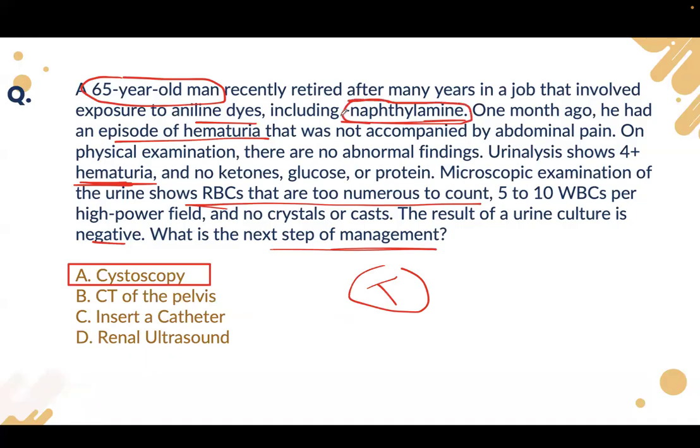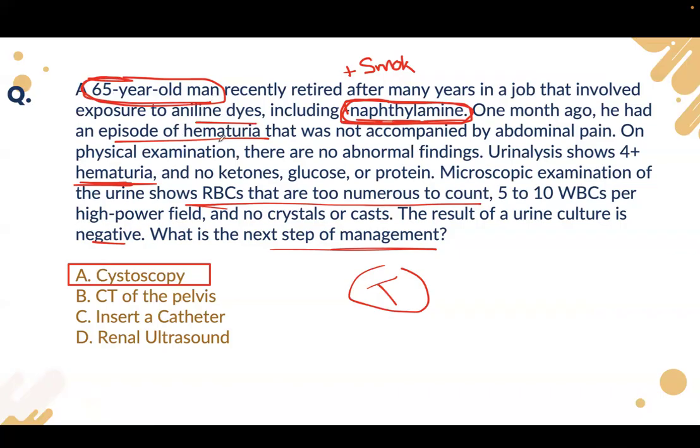Naphthylamine is very highly associated with bladder cancer. Do you guys can tell me what other risk factor? Yes, it's smoking. So if you see smoking and or naphthylamine in an elderly patient, you should put bladder cancer as one of your differential diagnoses in your head, okay?